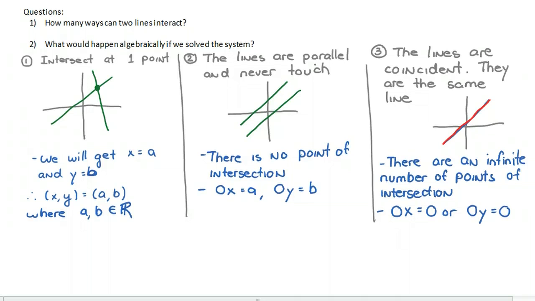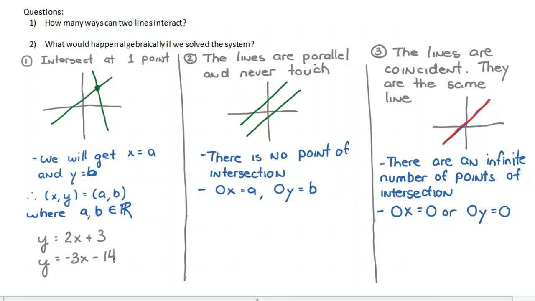The last point I want to make before wrapping up this video is it's always good to be able to think of examples of these and come up with them on your own. So if we wanted to give really quickly an example where they intersect at one point, all you have to do is come up with any equations where they have a different slope and a different y-intercept.